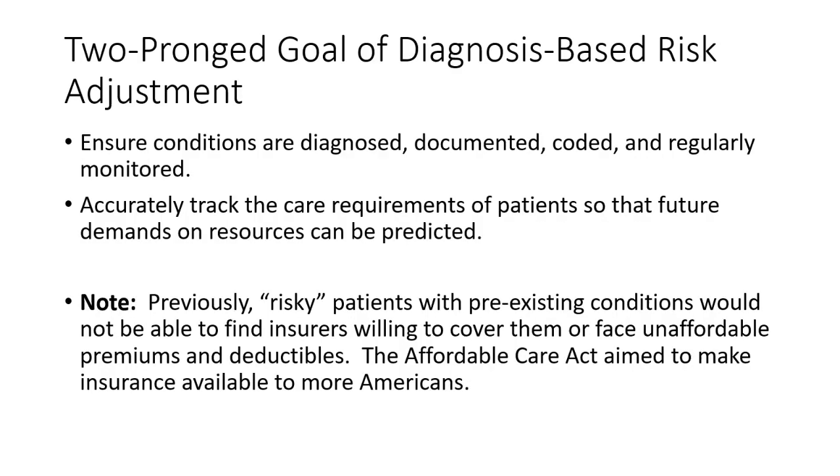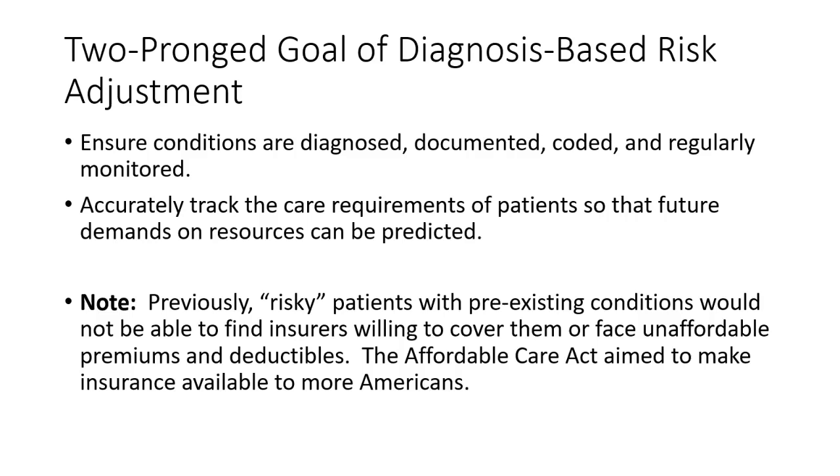So, the two-pronged goal of diagnoses-based risk adjustment is 1, to ensure conditions are diagnosed, documented, coded, and regularly monitored, and 2, accurately track the care requirements of patients so that future demands on resources can be predicted.